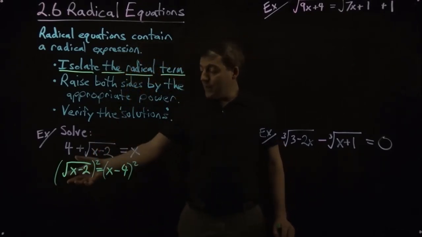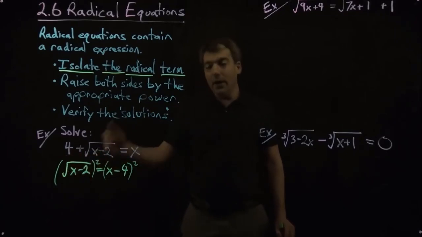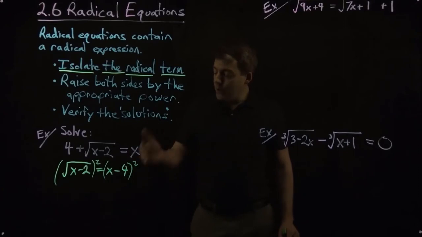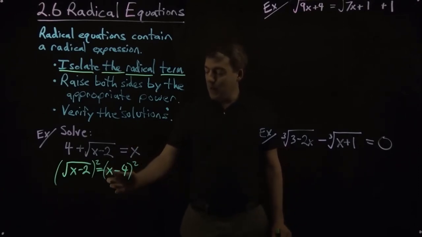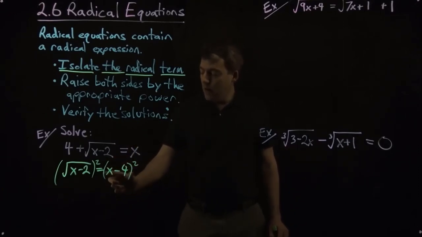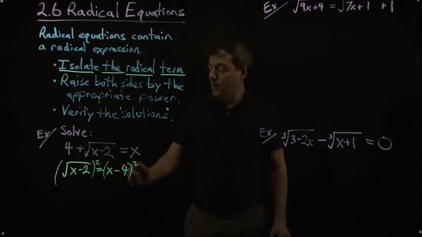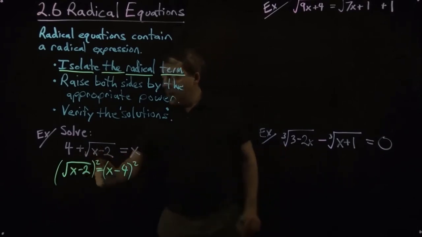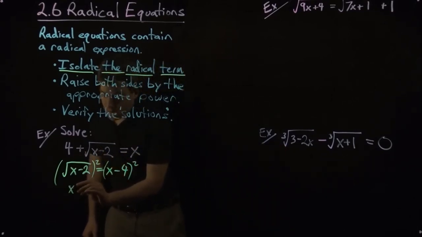On the left-hand side, the square root and the square cancel each other out, so that's going to be x minus 2. On the right-hand side, we have x minus 4 squared, which we'll have to multiply out.